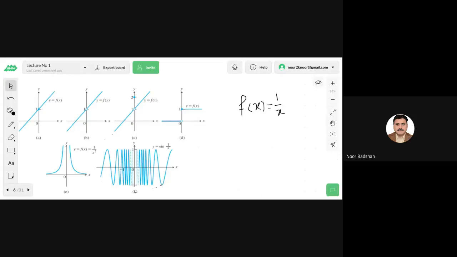In part F, if you get close to 0 from either side, the function is oscillating.